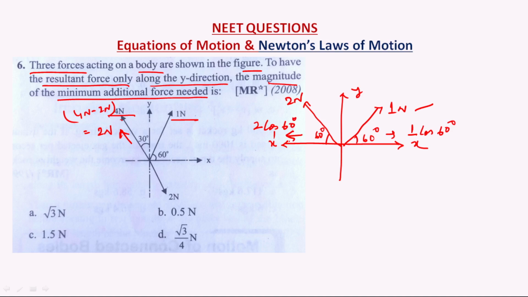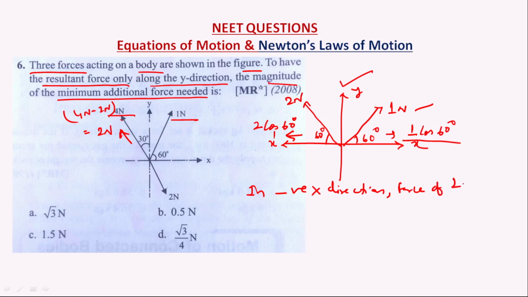We want to have the resultant force only in y direction. It means all the resultant force acting in x direction has to be cancelled by opposite direction forces. So on the left hand side, in negative x direction, a force of 2 cos 60 degrees is acting.